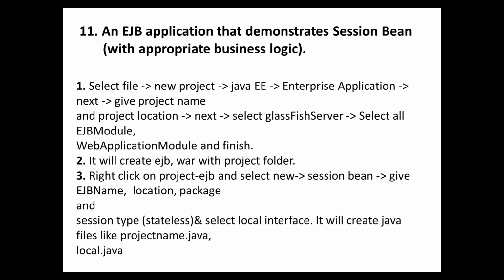In that case, we have to use the session type stateless. And once the session type is selected, we select the local interface, and it will create the Java file with the name as package project name.java, and the local interface is local.java. So this is the third step we have to create.